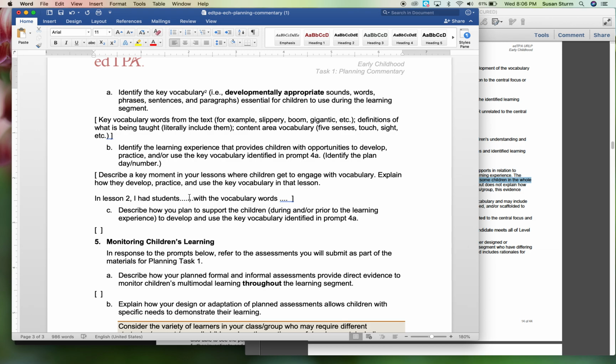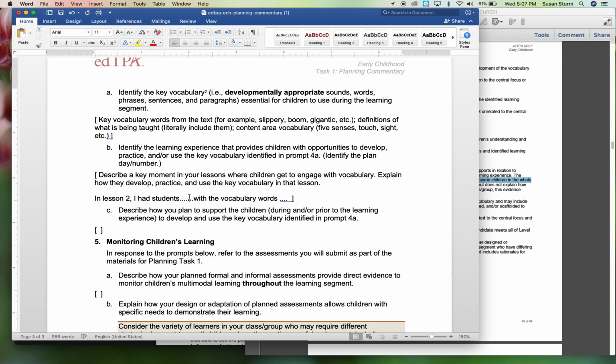So this is super explicitly, clearly talking about how they develop. So they develop in getting to hear the new language from me first, and I teach it to them explicitly. They practice it by reciting it back to me. They have to say the word that they have, and they use it by getting up and sorting that word in the game that they're playing.